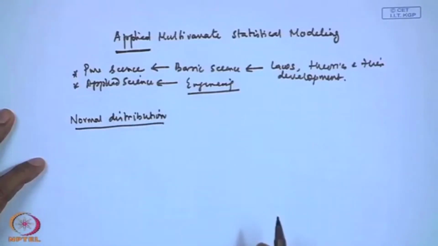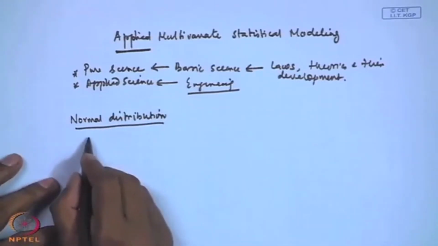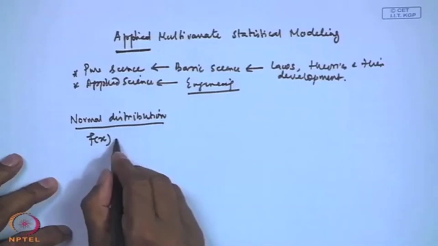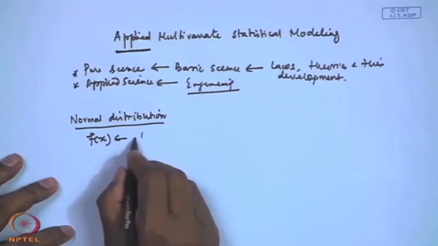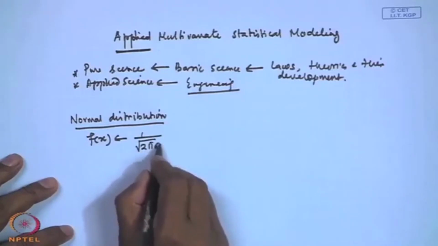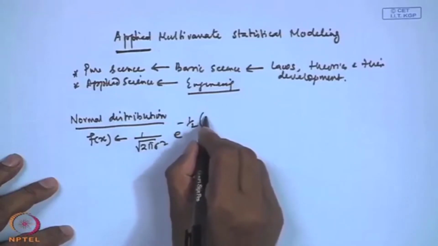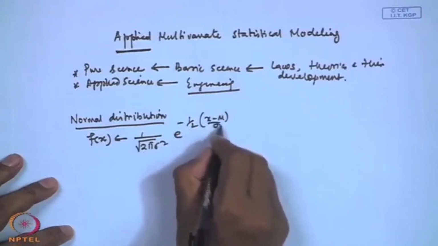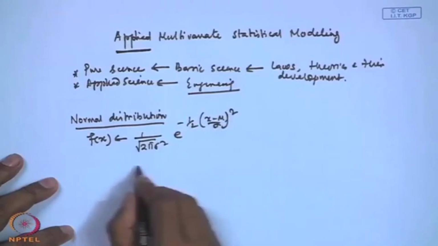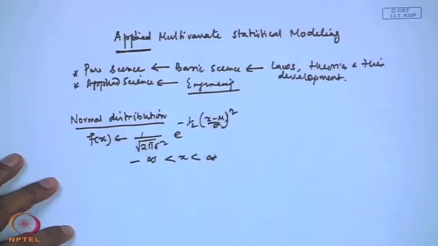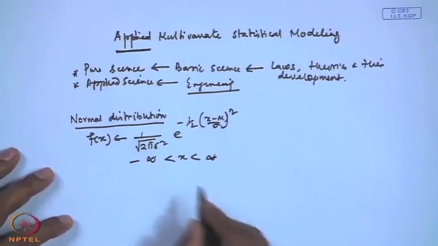If you know normal distribution, then you also know the probability density function f(x), which is 1 by root over 2 pi sigma square, e to the power minus half, (x minus mu by sigma) square, where x varies from minus infinity to plus infinity.